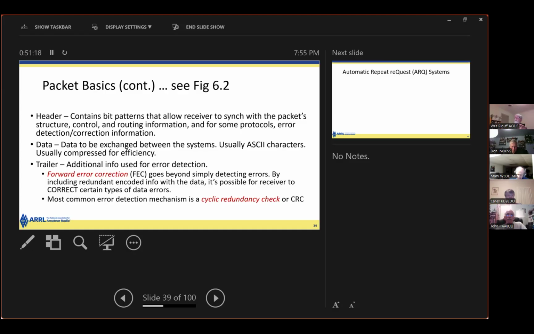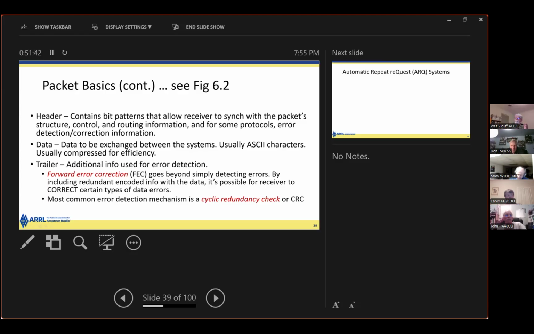So what the CRC, the cyclic redundancy check, can tell you is if you received everything correctly, or if there's some error. It falls down when there are a lot of errors in the received data packet. But when there are just a few, it's pretty good at telling you that everything is okay or it's not.